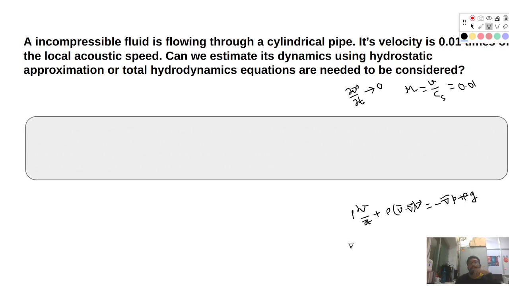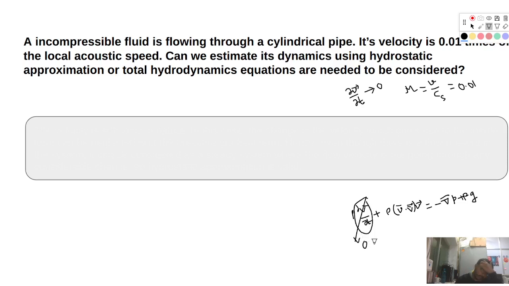Now you have this equation. So what it suggests is that this velocity is very much less than the local sound speed. So in that case we can consider this del v del t to be 0.